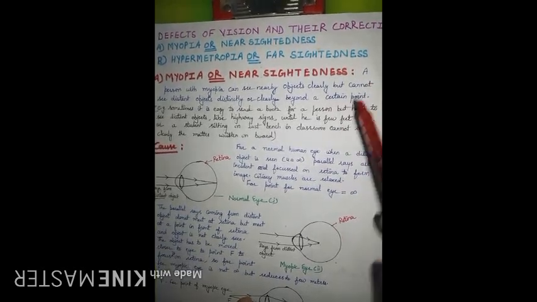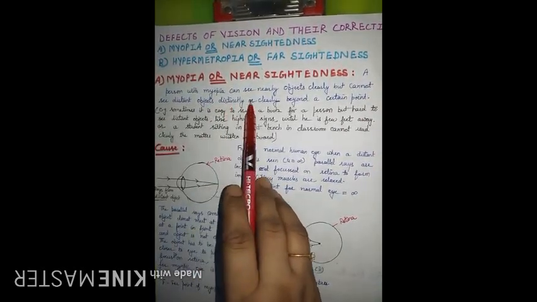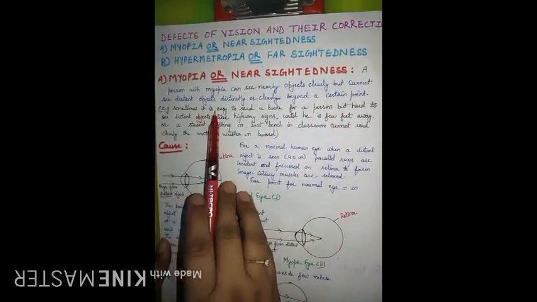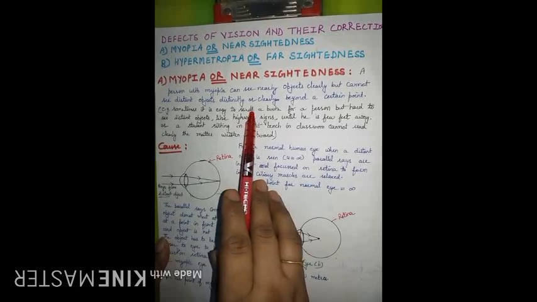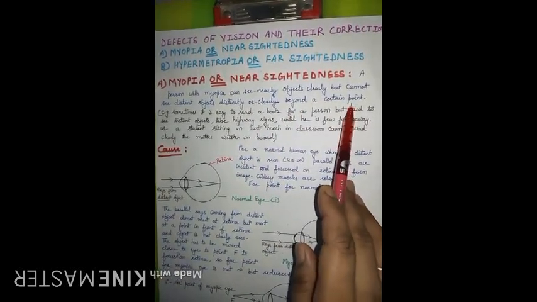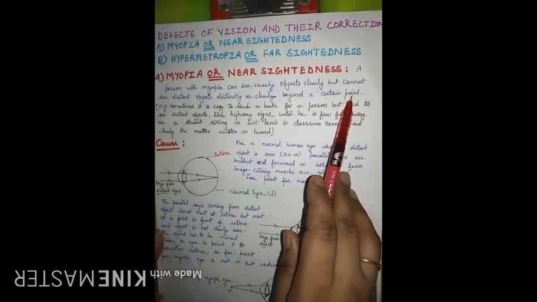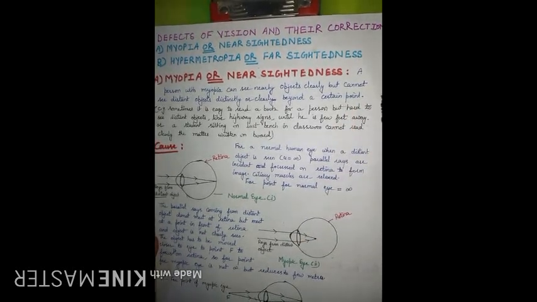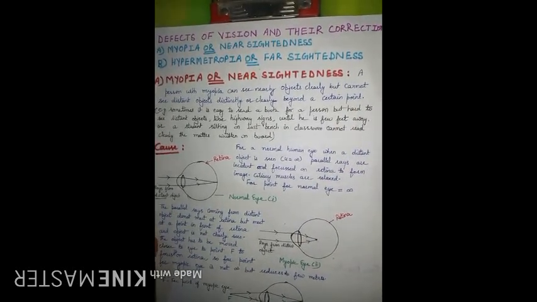A person suffering from myopia can see nearby objects clearly but cannot see distant objects distinctly beyond a certain point. What is the cause of this myopia and how can we correct it?